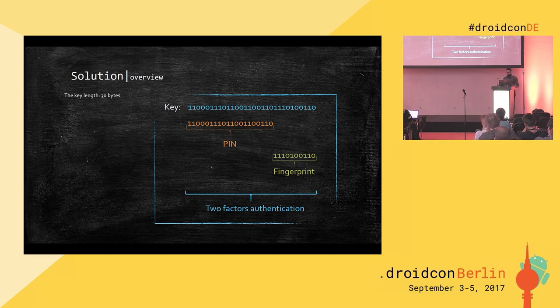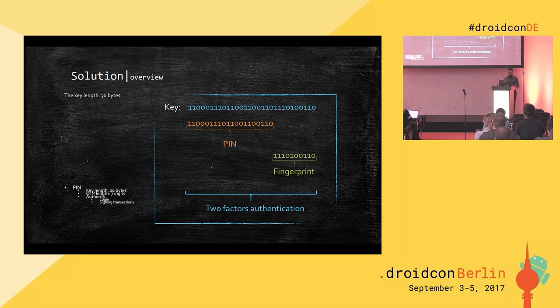For example, in this case, I split it into a 20 bytes part and a 10 bytes part. I'm going to use the 20 bytes for the PIN code authentication, 10 bytes for fingerprint authentication, and if the user wants to use two-factor authentication, I'm going to use the whole 30 bytes.